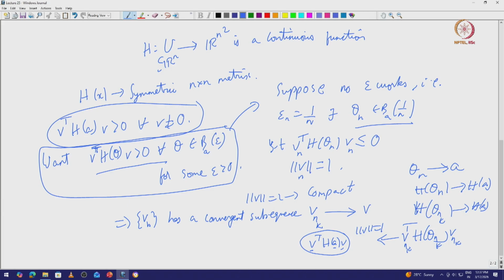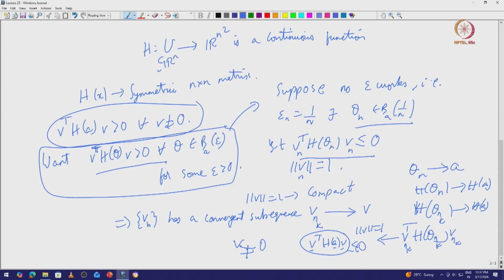Okay. How does that help? It helps because V transpose H of A times V is less than or equal to 0. Why is it less than or equal to 0? Because for every element of the sequence, this is less than or equal to 0. And V is not 0, obviously, because norm of V is 1.